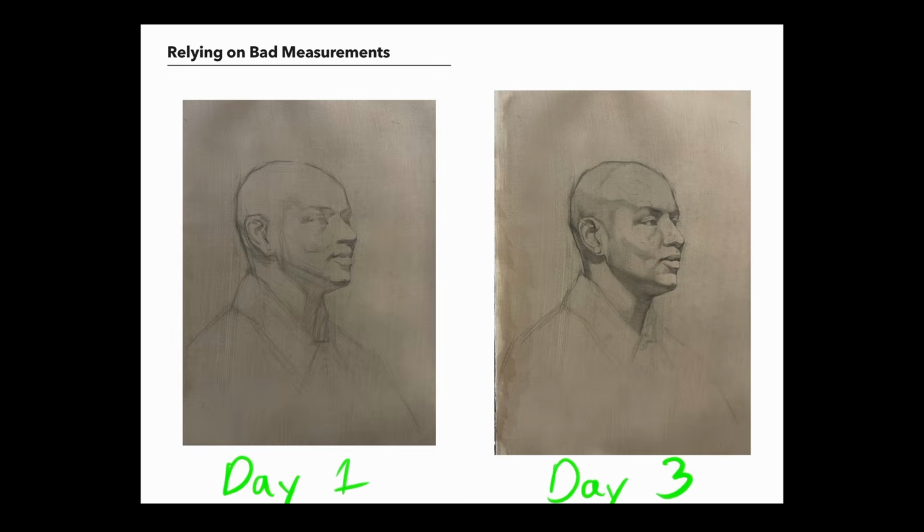And as you can see the ghost lines here, where there was a ghost line here and a ghost line here, I had to significantly bring in the portrait because I just had my measurements in the wrong spot. It was a bad measurement that I relied on, and I didn't trust my eye. I was convinced I was doing something else wrong. And what that ended up doing was it severely delayed the progress of this drawing.